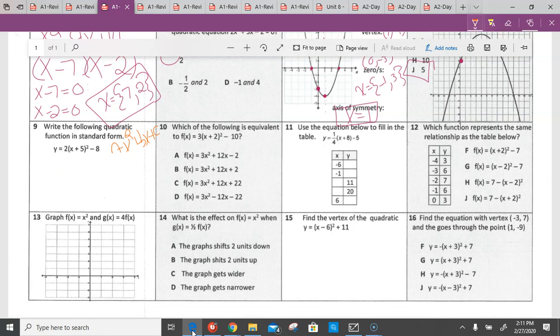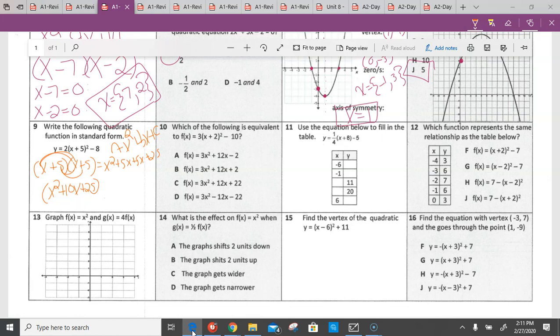So exponents come first. I'm going to do x plus 5 times x plus 5. X times x is x squared. X times 5 is 5x. 5 times x is 5x. And 5 times 5 is +25. Combining like terms, I get x squared plus 10x plus 25.